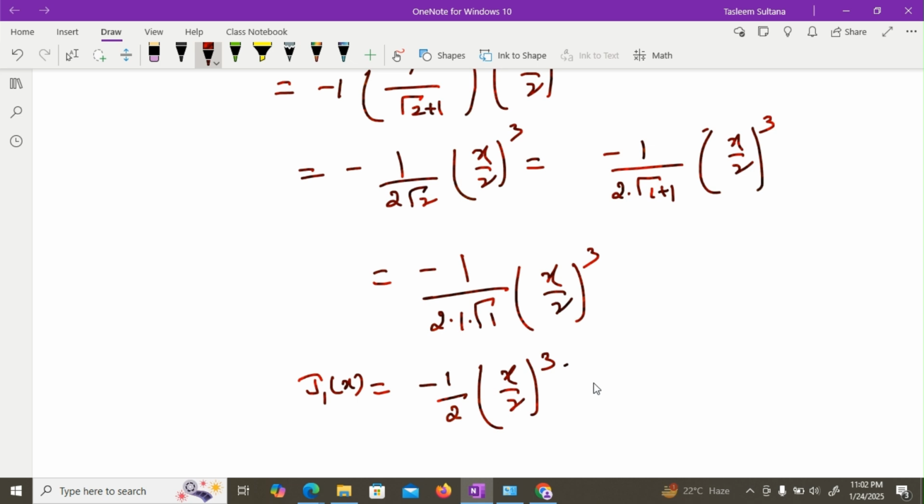Now in a similar way, when we substitute r is equal to 2, I will give you the direct answer. You calculate and check whether you are getting the same answer or not.